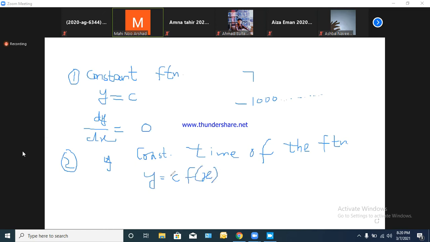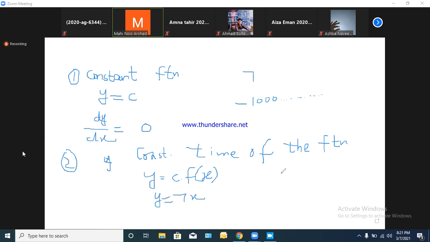Students, if you have it like that, it means there is not a constant only, here is a function also. The function is a multiple of a constant, like y is equal to 7x. How will you take its derivative?